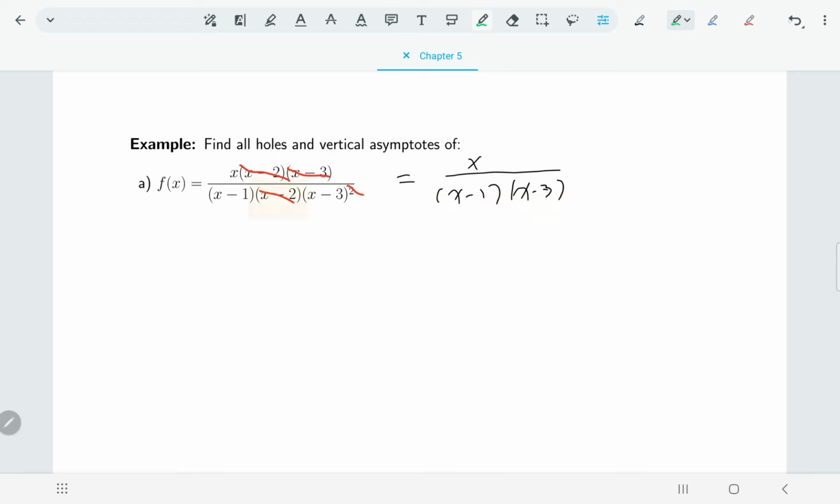So that's telling us that x equals 2 is the location of a hole. Of course, we need to know where the y-coordinate for that hole is, and to find out the y value, we'll be putting 2 into our simplified version of f of x. So to find out what y is, we'll put 2 in for x.